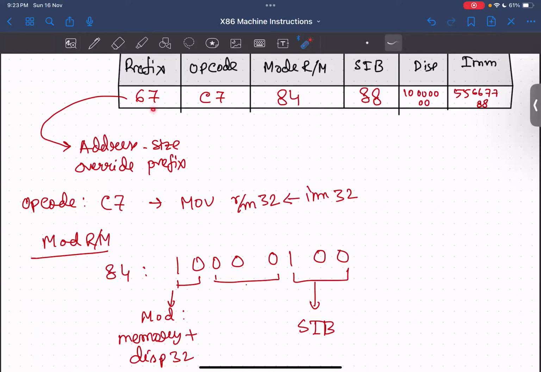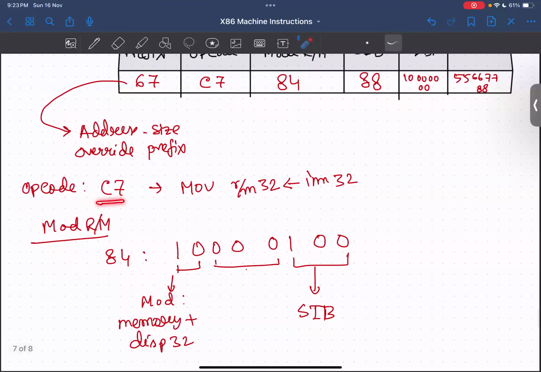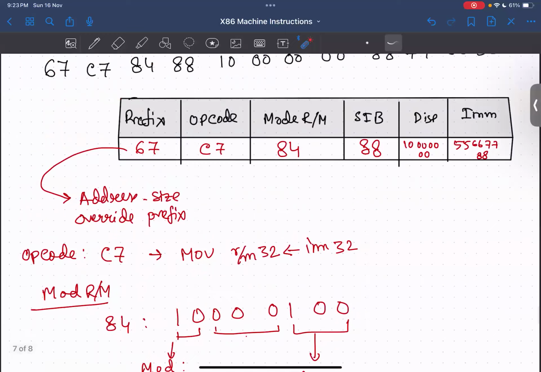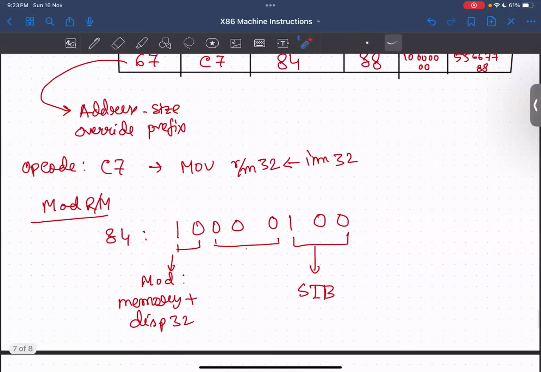So this prefix is saying what the size of the address is, and overriding it, something like that. So the opcode is C7, and what C7 does is it's a move operation. Your source is mentioned in the immediate 32, which we already saw, and the destination is from the ModRM byte.